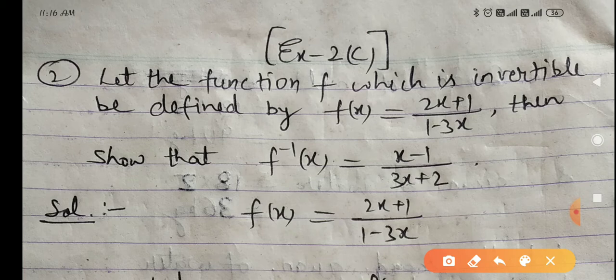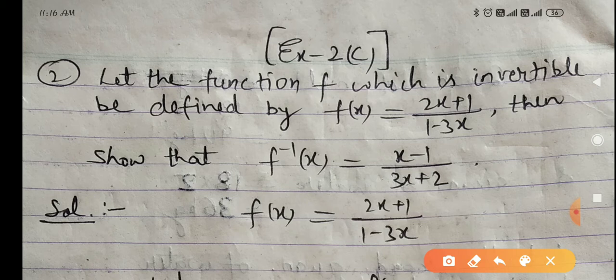One more time I am telling you, if the given function is one-one and also onto, then you can say the given function is invertible and its inverse can be found. One-one and onto functions you have studied in exercise 2A.